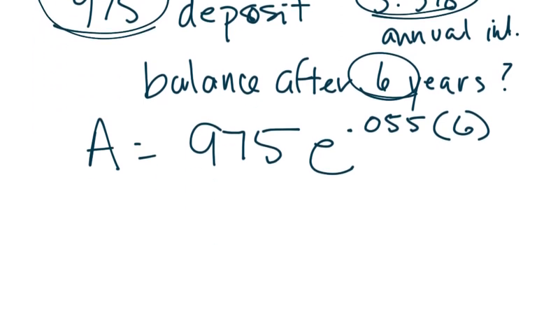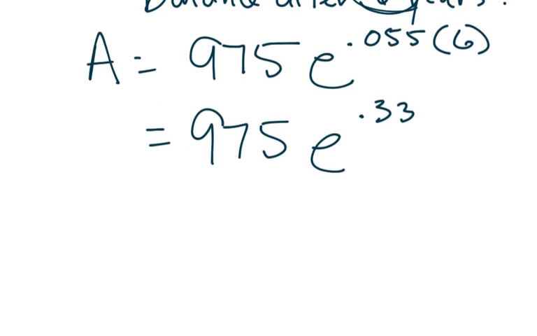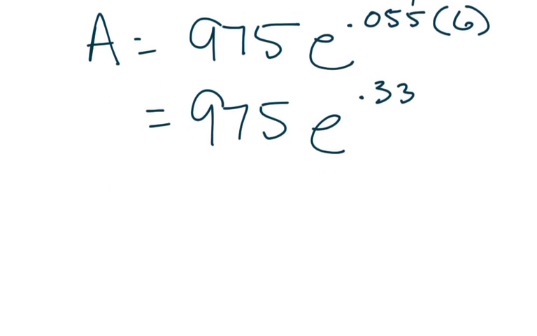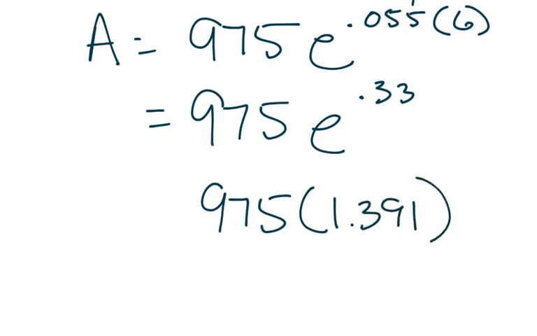You fill those in, and the first thing we're going to do here is figure out what is 0.055 times 6. That's 0.33. Then I'm going to find out what is e to the 0.33 power. That's 1.391.